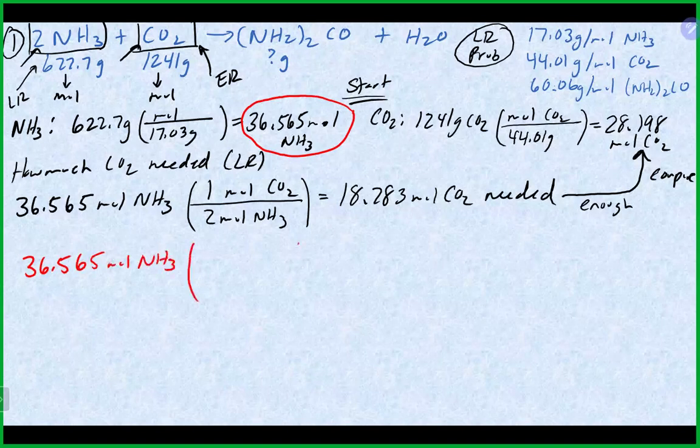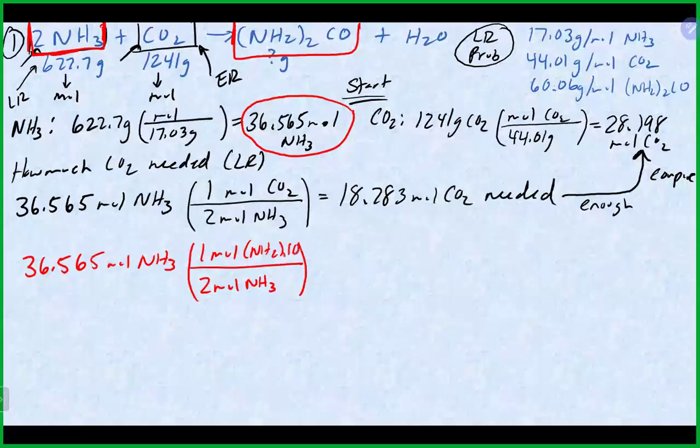Now we're going to do a mole-to-mole relationship between NH3 and our product, which in this case is a 2-to-1 relationship. So 2 moles of NH3, and this is the big stoichiometry move here, 1 mole of our product. Moles of NH3 will cancel. Again, at this point, I actually want grams, so I'm not going to get an answer. I'm just going to continue on with the calculation.